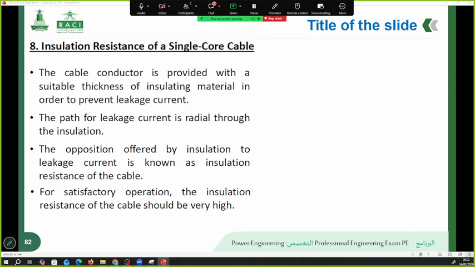The purpose of this insulation is to prevent any unwanted current from escaping the conductor. When a small amount of current does manage to escape, it is referred to as leakage current, and its path is typically radial, flowing from the conductor outward through the insulating layer.